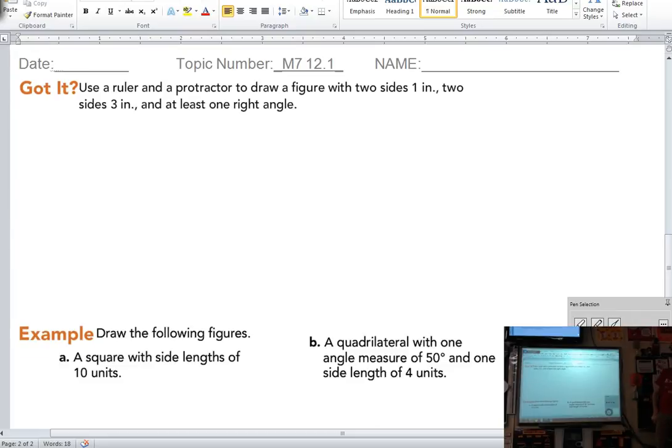Two sides of 1 inch, two sides of 3 inch, and at least a right angle. You're given an angle, and you're given 4 sides.